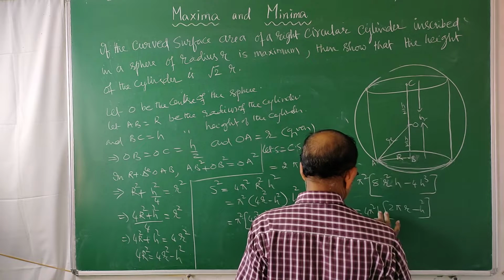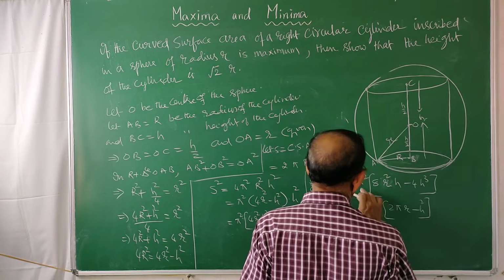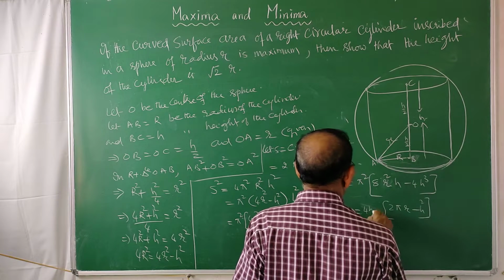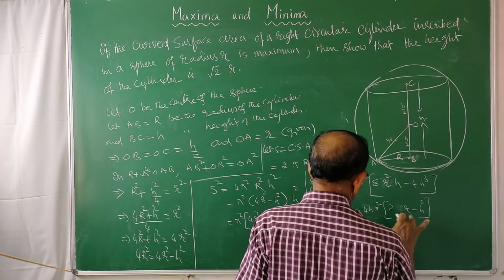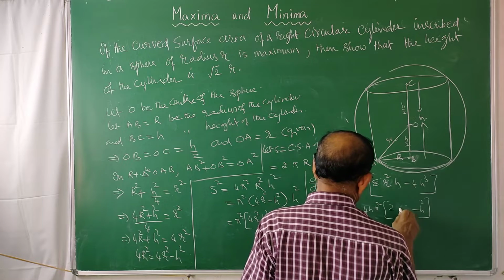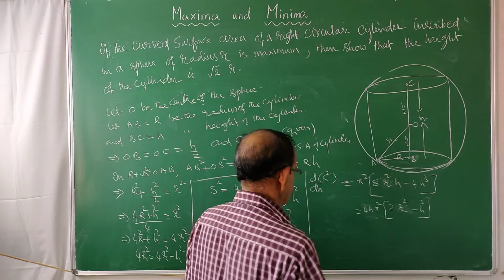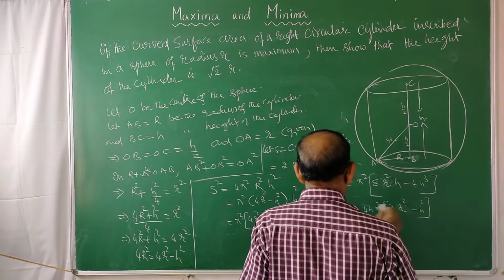So what is the common term? 4h is common, into 4h pi square into 2r square minus h square. Now this is the first derivative.